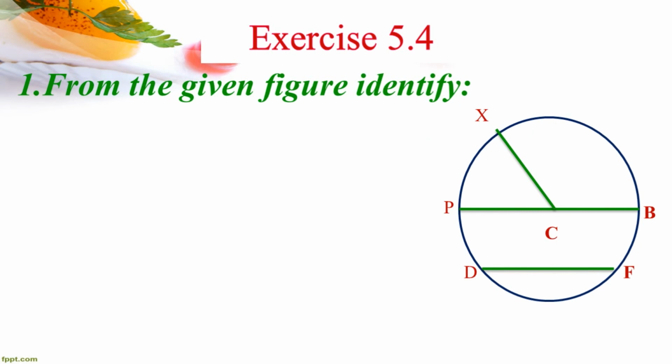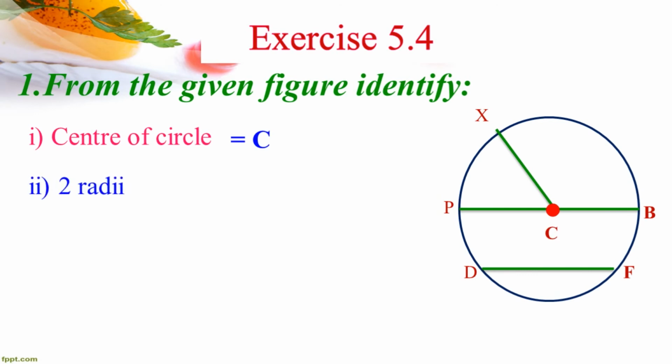Now coming to exercise problems. Exercise 5.4, the first one. From the given figure, identify center of the circle. Here the center of the circle is C. Two radii: here the radii are CB, CX and CB. Here we want to write only two radii. Therefore we can write CX and CB.